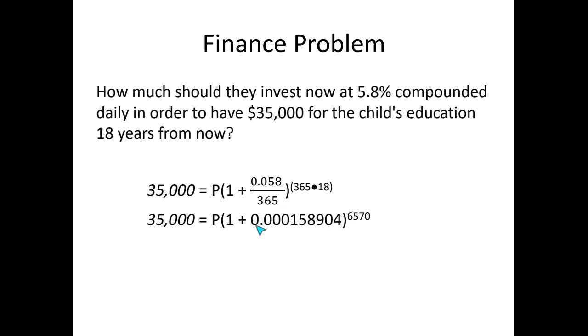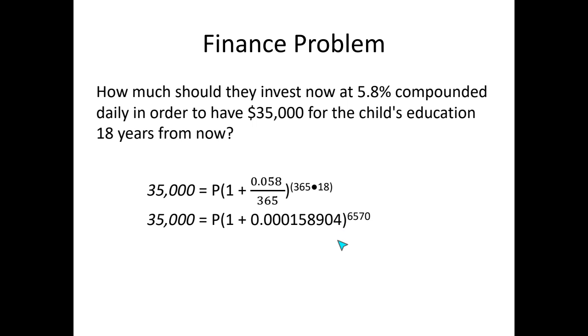And notice that I'm keeping all my decimals. If you're doing problems on WebAssign, you don't want to round at the beginning, always round at the end, because then the problem's going to count it wrong. So make sure that you're using all these decimals.